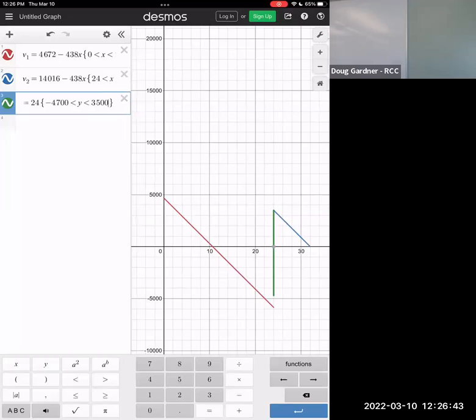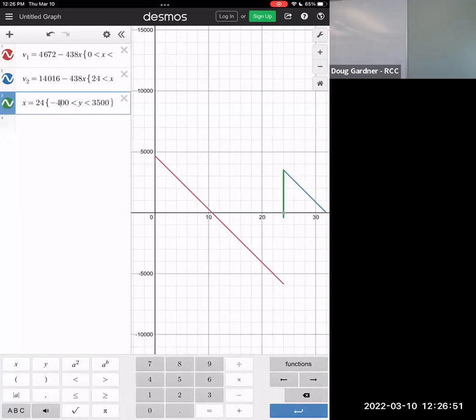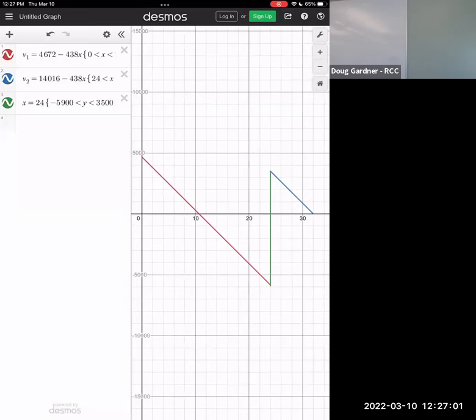So it looks like 3,500 was pretty good. It looks like this is more like 5,900 or something. So that's close enough for now, but that's actually what the shear diagram looks like.